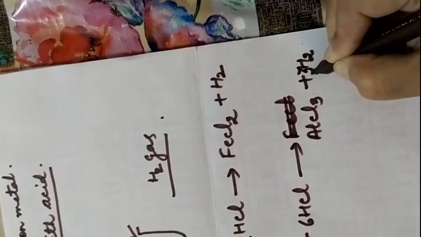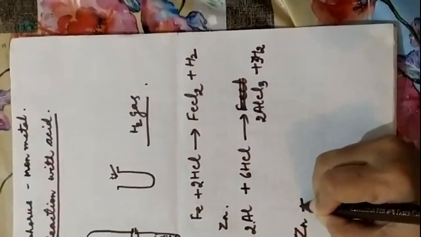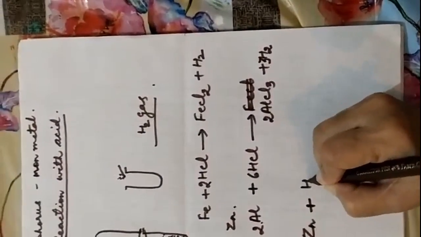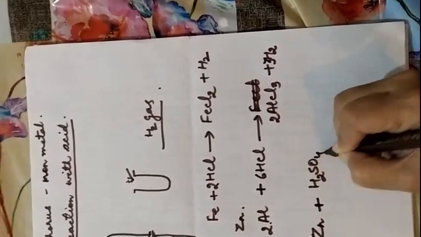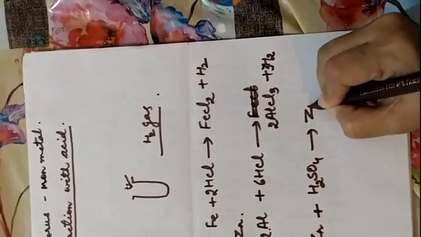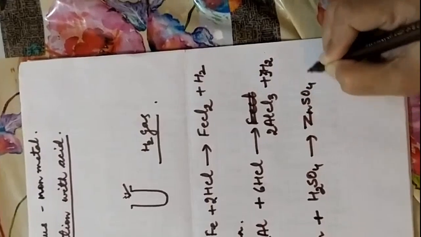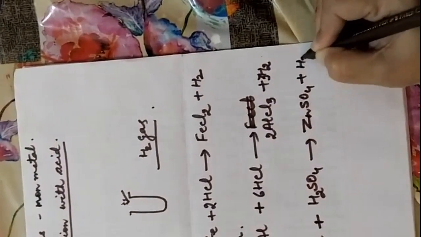Now again, in order to balance it, then zinc reacts with dilute sulfuric acid and it forms again hydrogen gas.